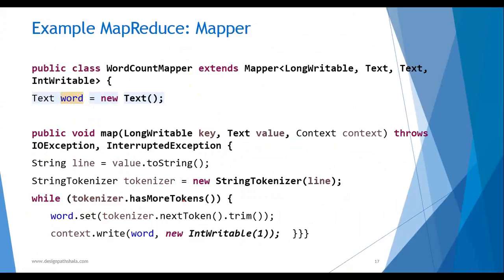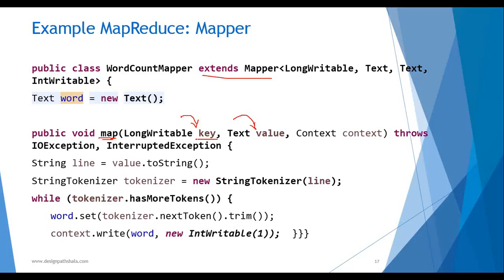So this is how your mapper looks. Your mapper extends Mapper, and there's a function called map, which is called for each record, which we were discussing in the Excel sheet. For each record, this map function will be called with the key as the byte offset of that record and the value as the whole record, and context we'll talk about in some time.